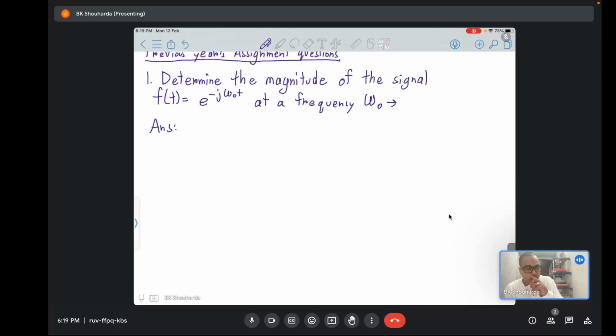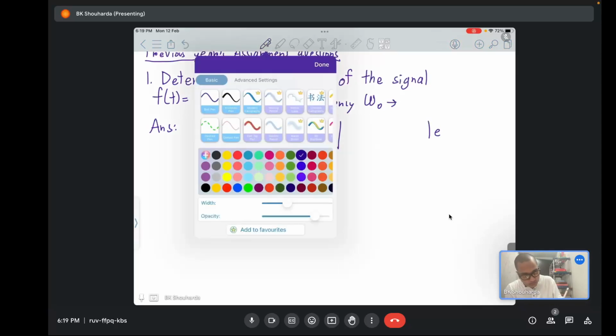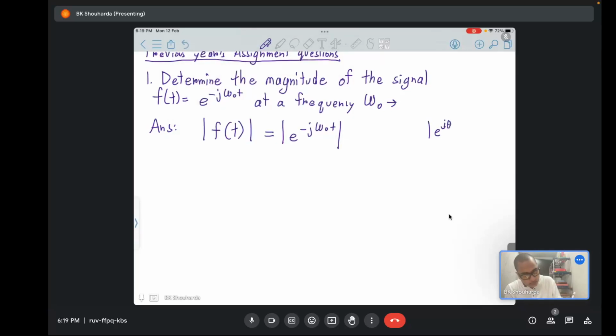I will show two properties. If I want to find the absolute value or the magnitude, what we do is take the modulus of this complex number, and we very well know that the mod of any imaginary number e to the power j theta is always equal to 1. So its magnitude is 1. If you want to look at it another way, let us write f of t using the Euler property as cosine omega naught t minus j sine omega naught t, since there is a minus sign.